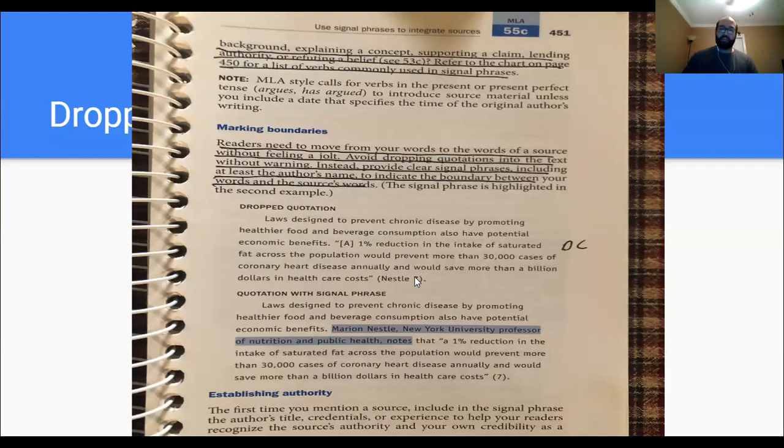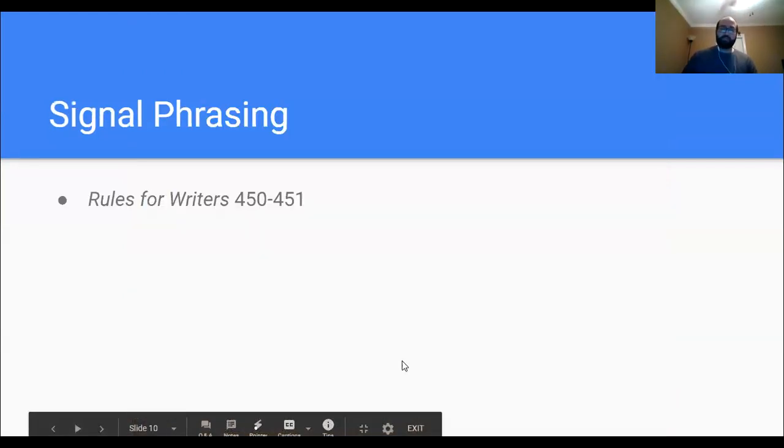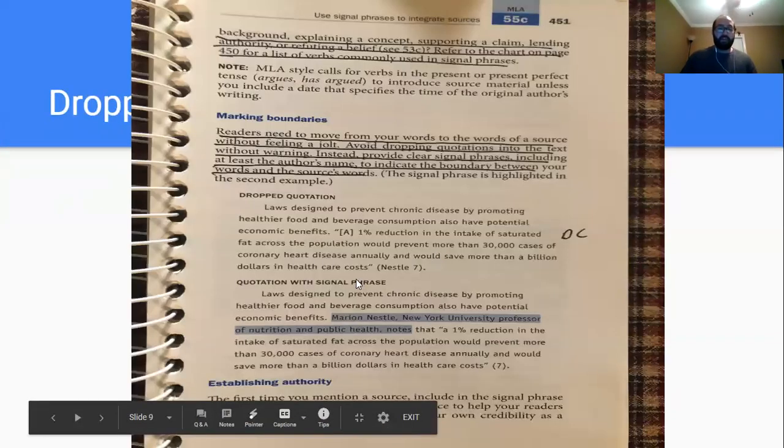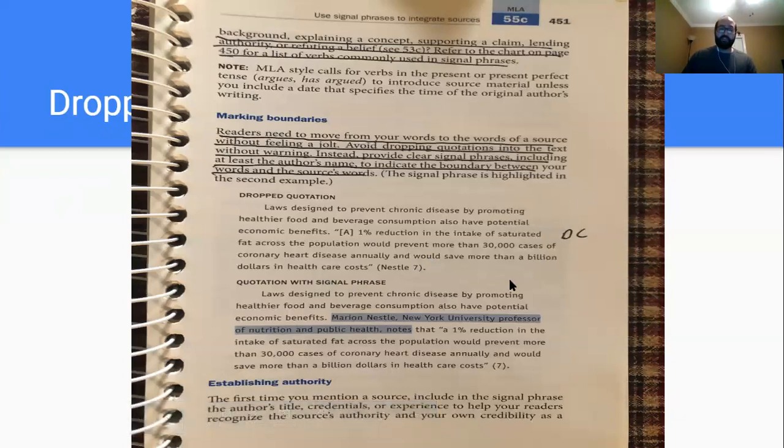And then they cite it parenthetically. But if we look here at the version with the signal phrase, we have the same topic sentence of the paragraph. Laws designed to prevent chronic disease by promoting healthier food and beverage consumption also have potential economic benefits.